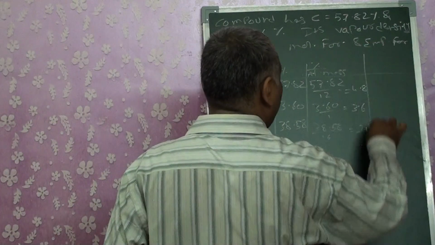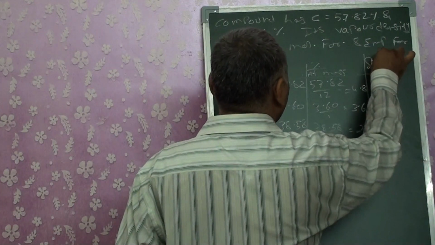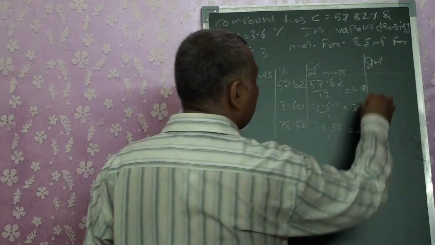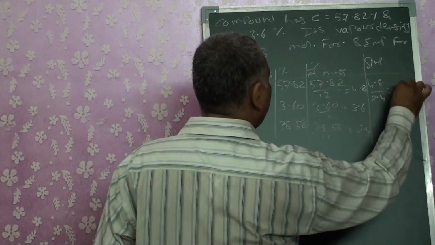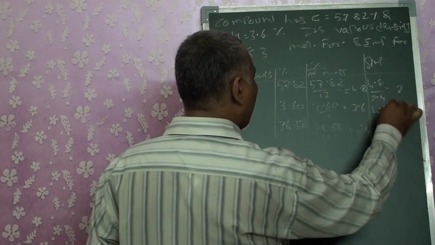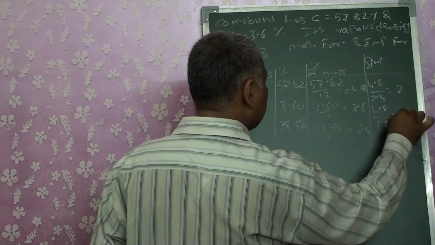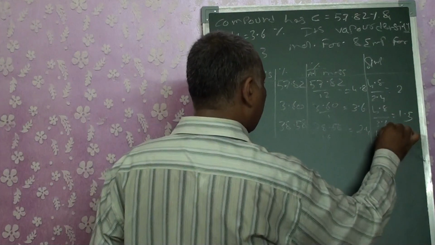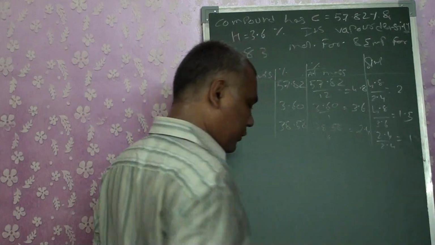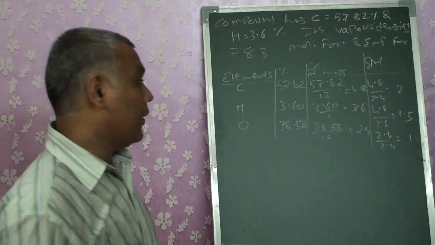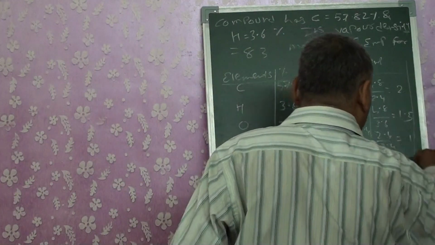Now we want to find out the simplest ratio, that means 4.8 divided by 2.4, we will get 2. 3.6 divided by 2.4 gives 1.5, and 2.4 divided by 2.4, we will get 1. Now see, we got a fraction over here.